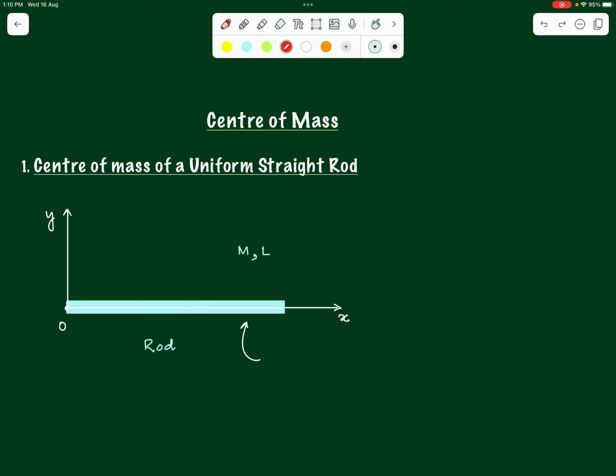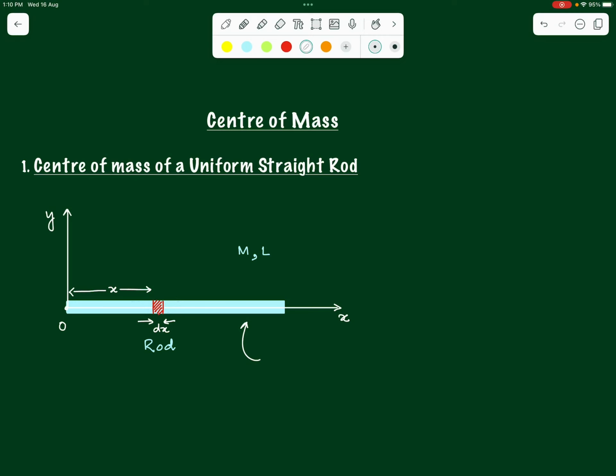Now what we do is, we consider a small portion of this rod, a small element, at a distance x from the origin, from the x equal to 0 point. Let's say this element has thickness dx.